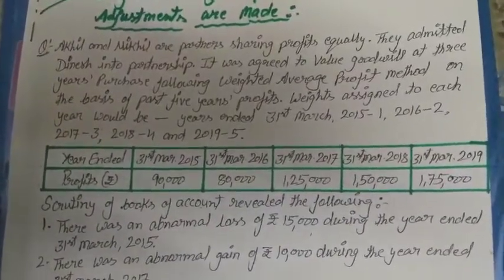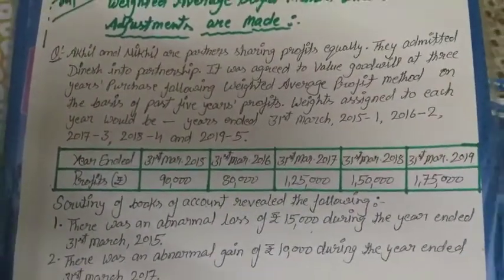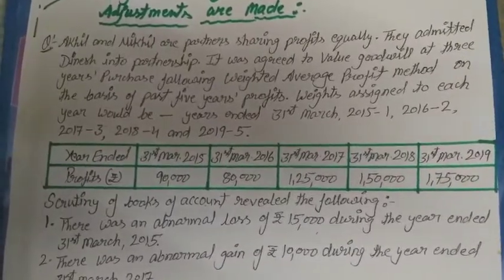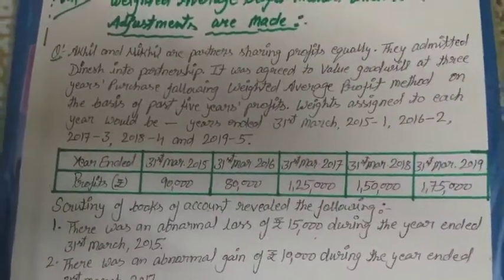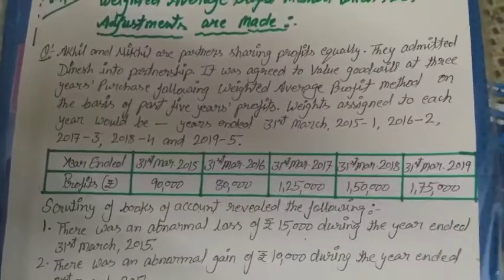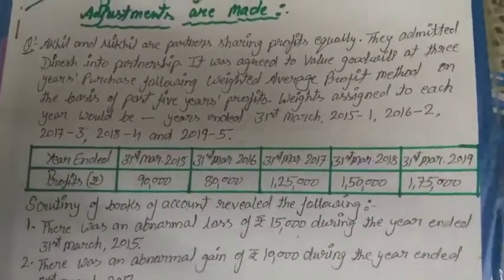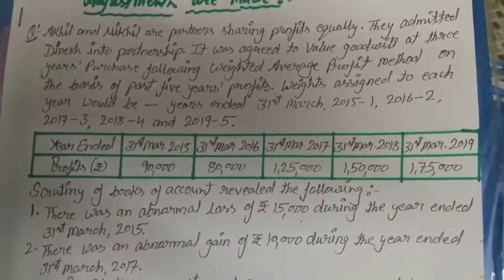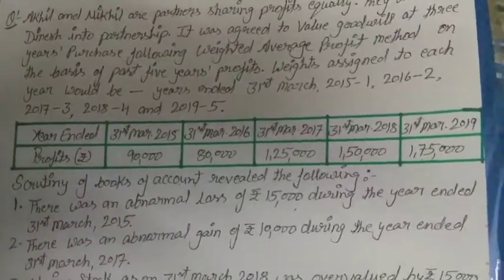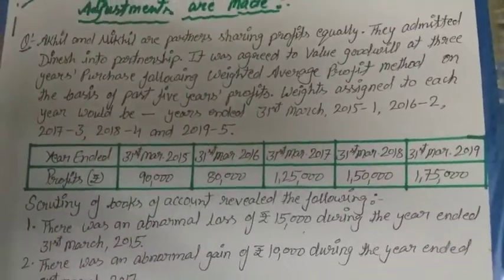But here we need the normal profit to calculate the goodwill of the firm. That's why some abnormal gains, abnormal losses and other transactions are not included in the normal profit.